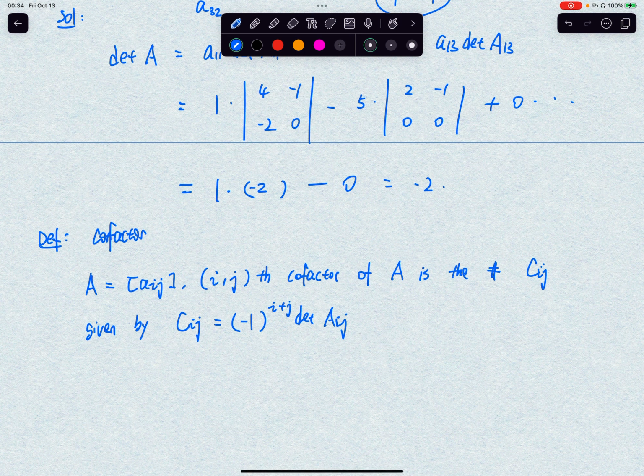And we see that the determinant equals a11 C11 plus a12 C12 plus all the way down to a1n C1n, and this formula is called the cofactor expansion.